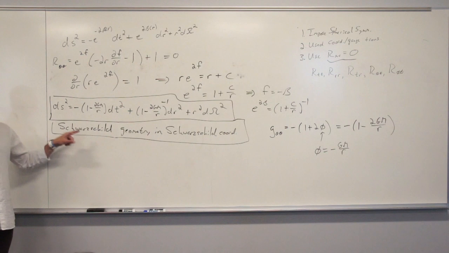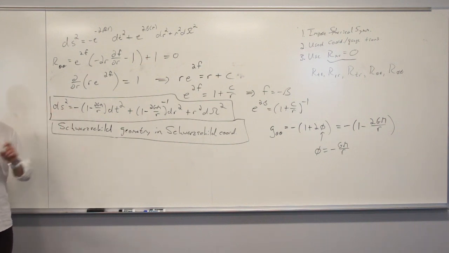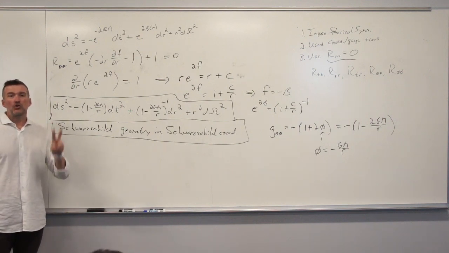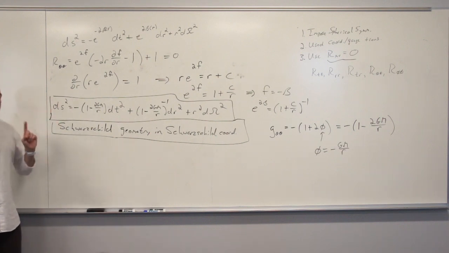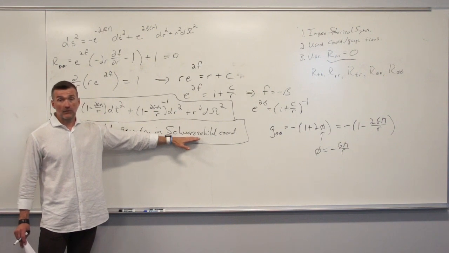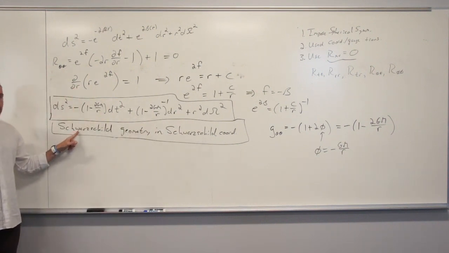This seems like a lot of language, but I'll give you a preview of something. We are going to find that these coordinates are not the best suited to exploring this geometry. So we will end up talking about at least 2 more sets of coordinates. Now the important thing is that whatever coordinates we adopt, they will no longer be Schwarzschild coordinates. They're still describing the Schwarzschild geometry.